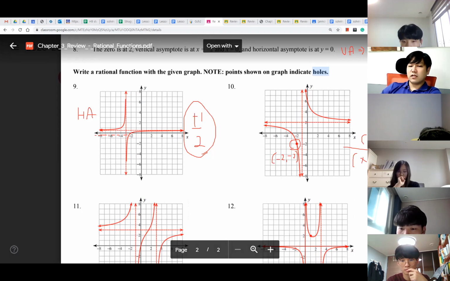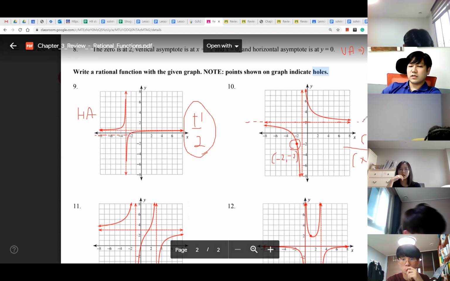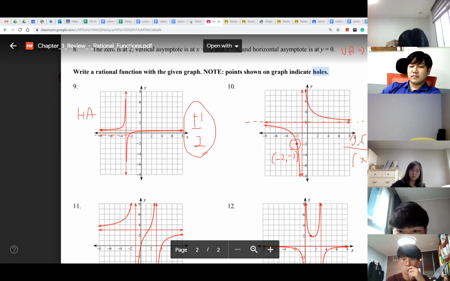Esther, what is the next hint? The horizontal asymptote is at y equals 2. Okay, y equals 2. What does that tell us? It means that the coefficient of the numerator is 2 times bigger than the denominator.